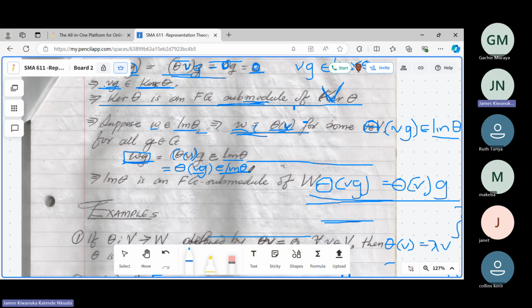And therefore we can conclude that it's an FG submodule. So again, just to make it clear, for a submodule, you need two properties. It must be a subspace. That alone is not sufficient. In addition to being a subspace, it must preserve the multiplication from the FG module.